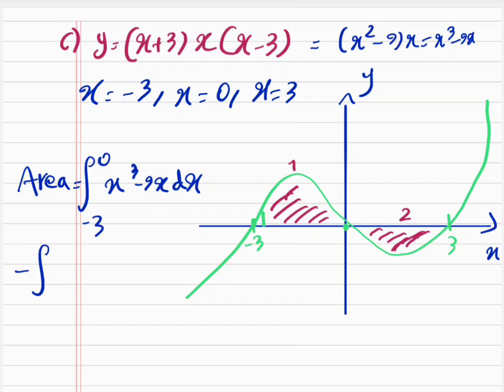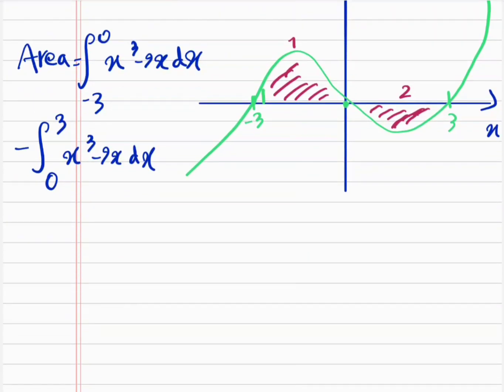Okay, so the second region is between 0 and 3. So we have x cubed minus 9x dx. So now it's all about integrating and just substituting the values.